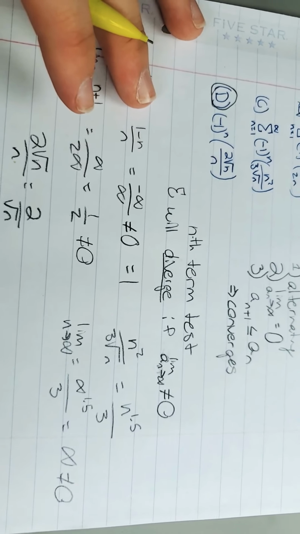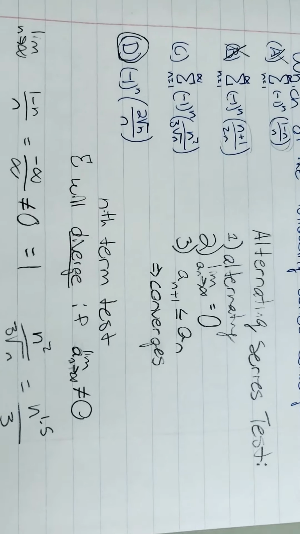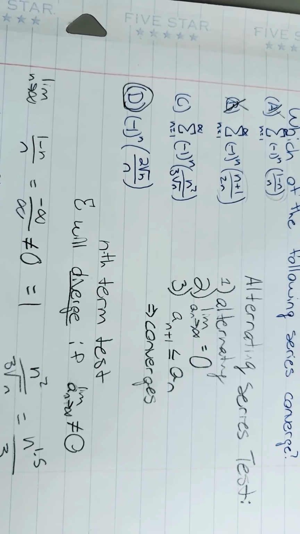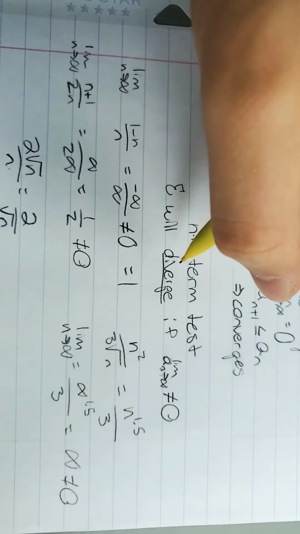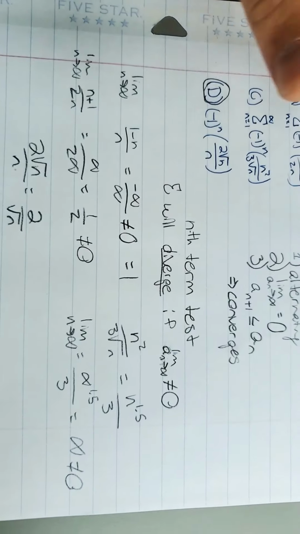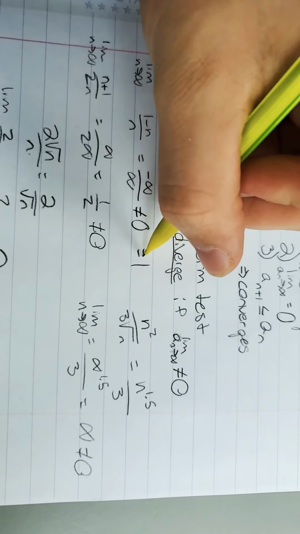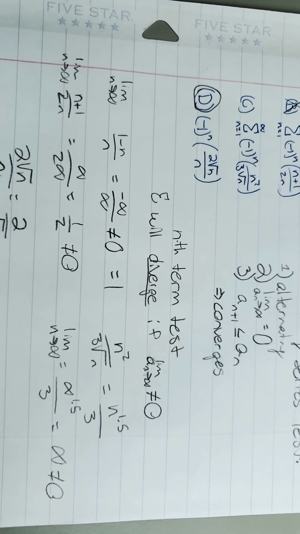And now if you go over and look at the nth term test, we can actually prove that each of these will diverge, because we said that since the limit of a of n as it goes to infinity is not 0, which is true in each of these four cases, that means that it will diverge.